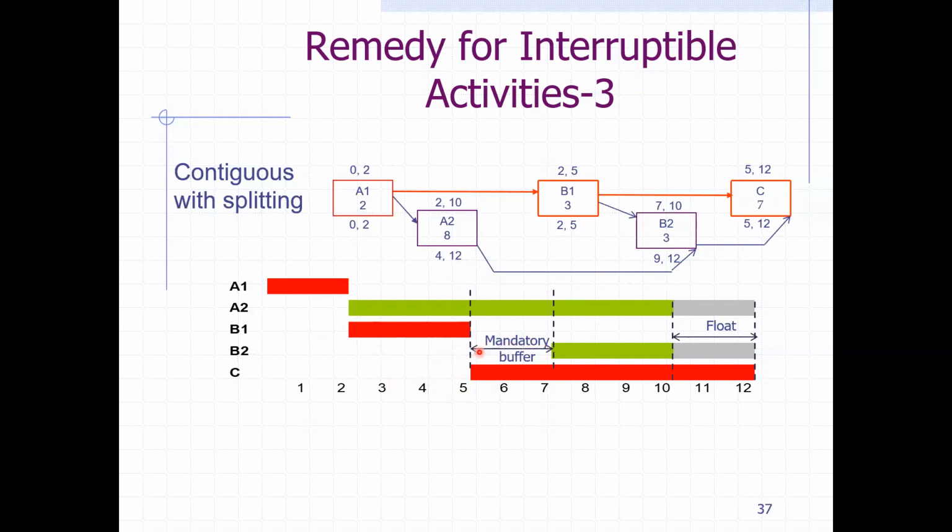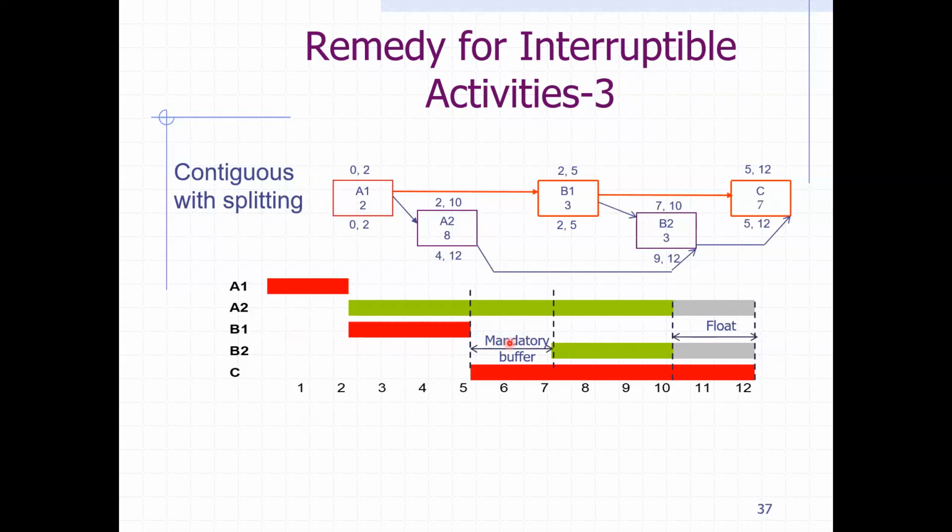We have this split here, a mandatory buffer. Think of it like concrete. When you place concrete, pouring concrete, then you need to wait for curing time. This is the curing time. Yes, the entire interval is blocked for B from here all the way to here, but actually you're not working here.